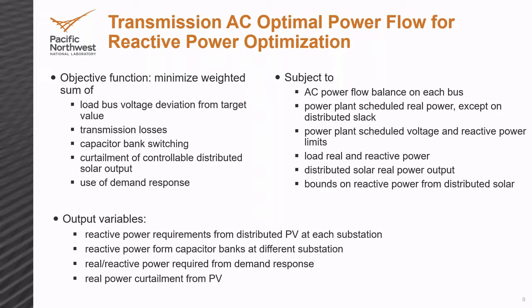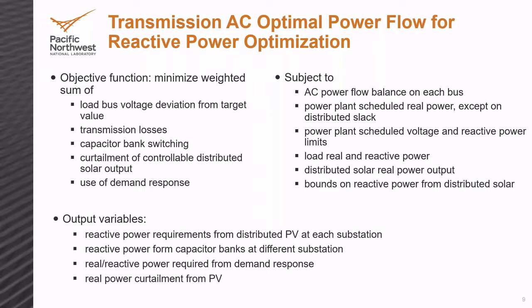Rather, our objective function has multiple objectives that we try to achieve simultaneously. The most important one for us is substation voltage. We would like to maintain substation voltage within the target level. In addition, we could achieve other goals, such as minimizing the losses on the transmission network and trying to avoid too much switching of the capacitor banks on the substations.